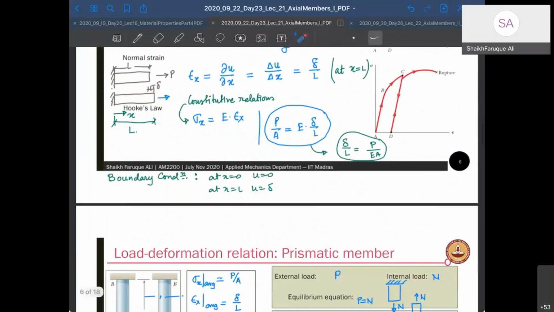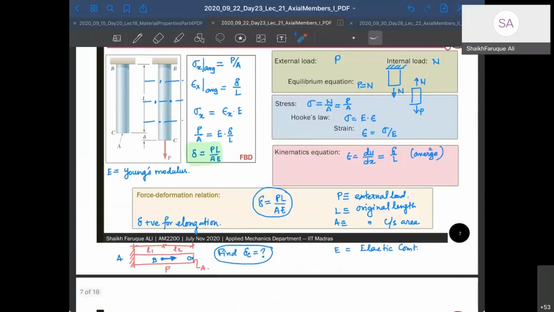If you go by that formulation, this is your internal load, and from that the equilibrium equation is P equal to N. So the internal load is N, and stress is given by internal load divided by A, so that becomes P by A. And Hooke's law is used for the stress-strain relationship. This makes sure that the system is linear.